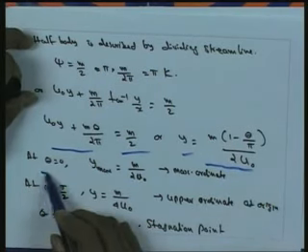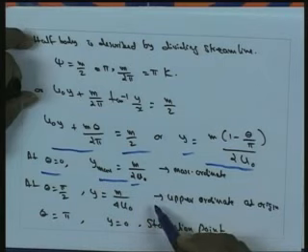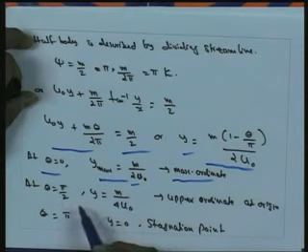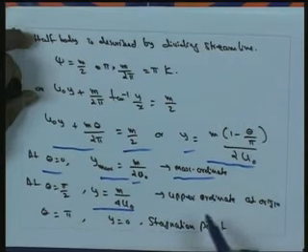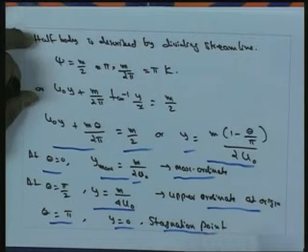At theta equal to 0, we get y max is equal to m by 2 u0, which is the maximum ordinate. At theta equal to pi by 2, we get y is equal to m by 4 u0, that is the upper ordinate at origin. And at theta equal to pi, y is equal to 0, which is the stagnation point.